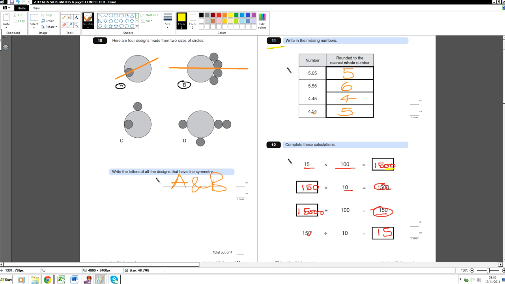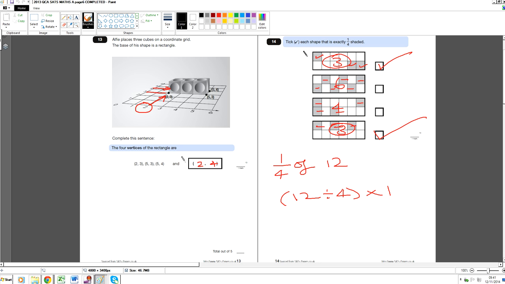A number divided by 100 is 150. So for this original number, we had to remove 2 zeros to get to this number. So we just simply add 2 zeros back on. So it becomes 150 plus 2 zeros, which gives you 15,000. So for 150 divided by 10, all we have to do is remove a zero when you divide by 10. That gives you 15. And that's the end of that question.